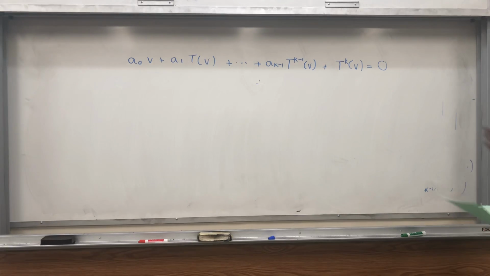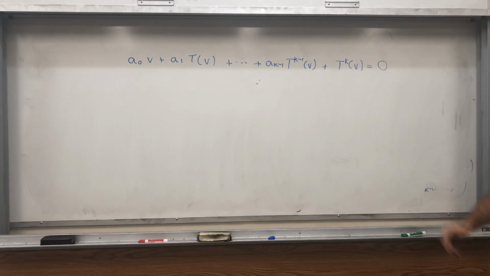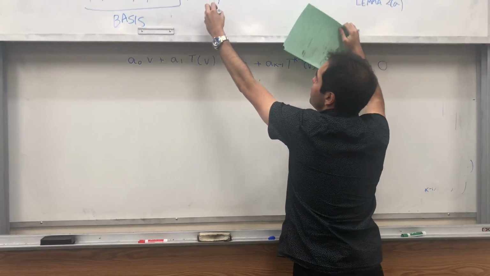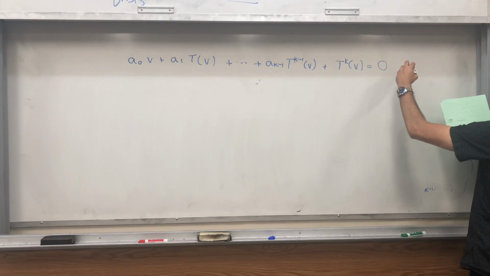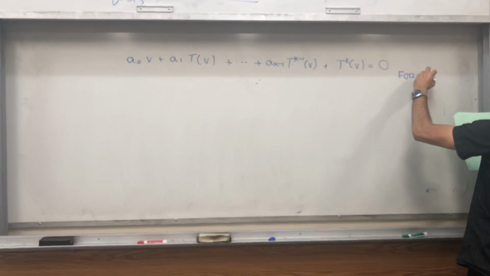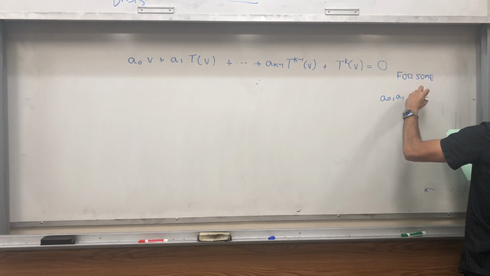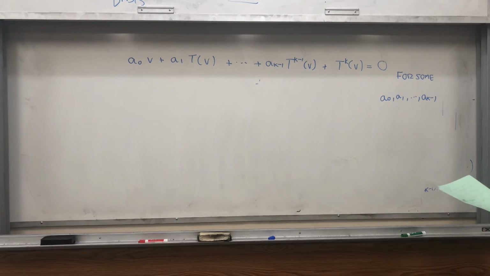So this is just another way of writing that T^k(v) is a linear combo of the other vectors because the whole set is linearly dependent, for some a0, a1, up to a_{k-1} in F.